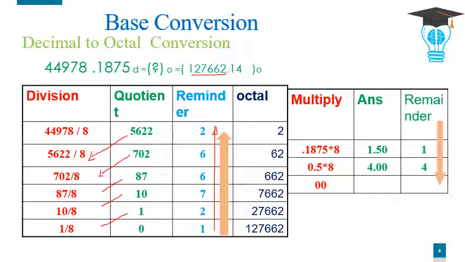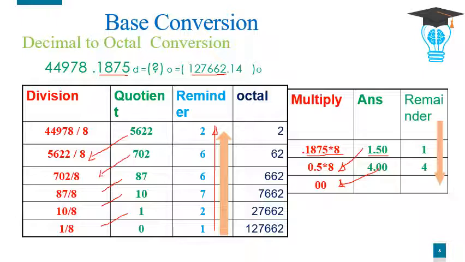Now same as previous, whatever number I have after the decimal point, that is 0.1875, I have to multiply it with 8. I'll get an answer of 1.50, where 1 is the remainder, and the 0.50 again I will multiply by 8. 0.5 into 8 is 4.00, where 4 is the remainder and 00 will be the next multiplying factor, which cannot be continued.